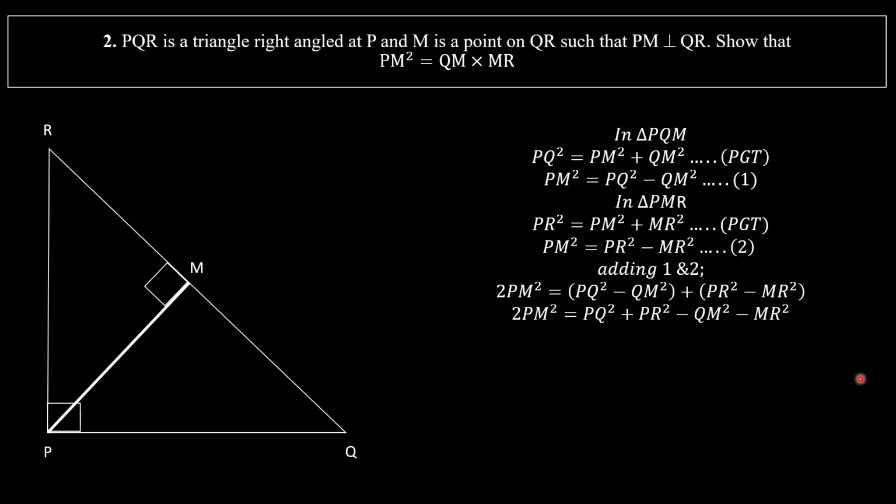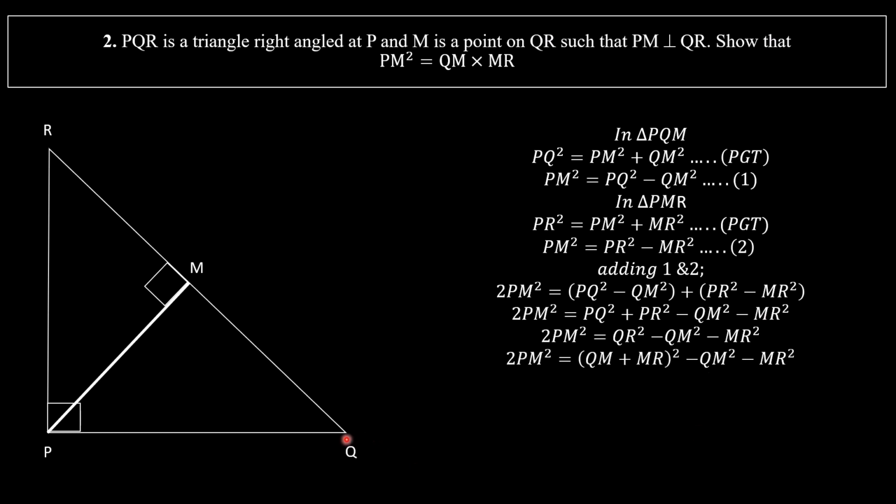Further simplifying it, opening the bracket, positive ones PQ square and PR square, minus QM square minus MR square. Now see, PQ square plus PR square, in this triangle PQR, is equal to QR square. Replacing this by QR square.